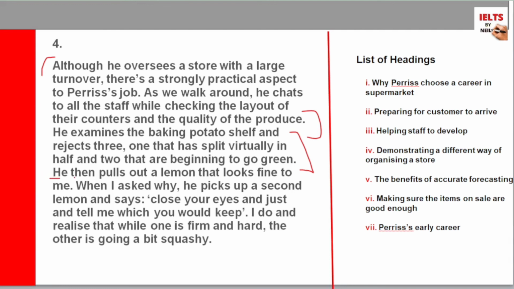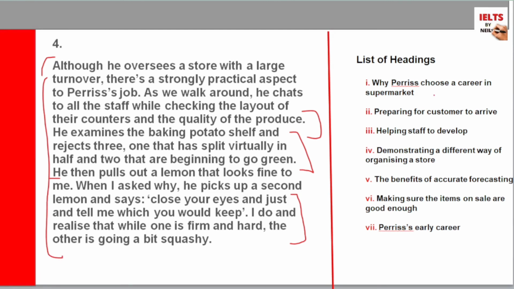Reading ahead, he then pulls out a lemon that looks fine to me. When asked why, he picks up a second lemon and says, close your eyes and just tell me which you would keep. I do and realize that while one is firm and hard, the other is going a bit squashy. So again, he's checking the lemons here. So basically in this paragraph, Paris is checking the quality of the food or quality of the produce.